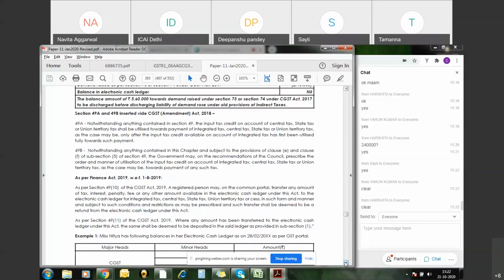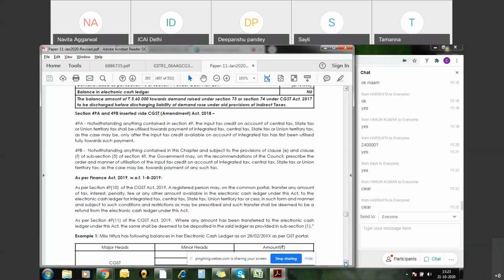That 49A, notwithstanding anything contained in section 49, the input tax credit on account of central tax rate and union territory rate shall be utilized towards payment of integrated tax, central tax, state tax, and union territory tax, as the case may be, only after the input tax credit available on account of IGST has been first utilized fully towards such payments, as we have just seen in the above examples. First, we utilize completely the ITC available under IGST.